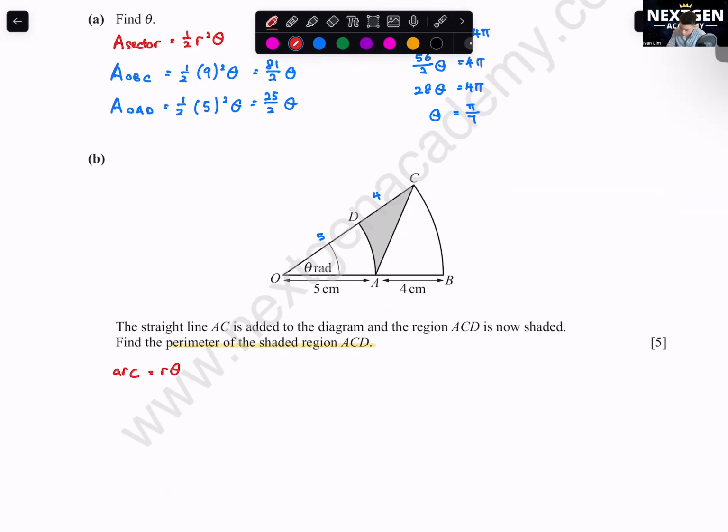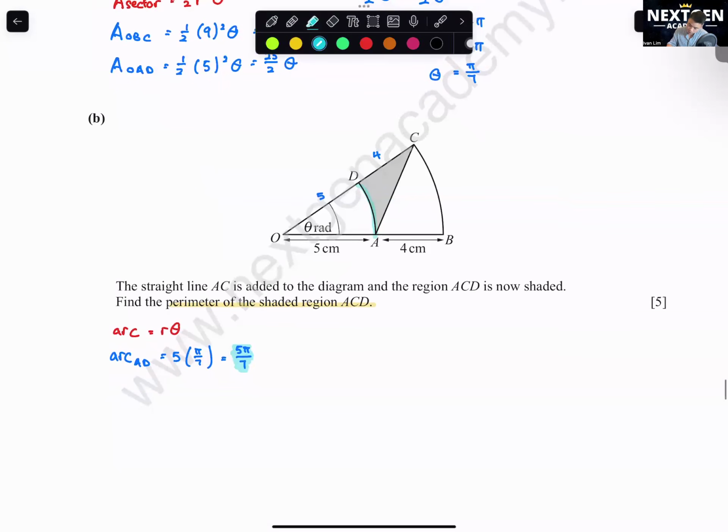So to find arc AD, we will use 5 theta, the theta that we found in the previous question, pi over 7. So 5 pi over 7 is this one. We have this part already. So now we need to find this part here, AC.